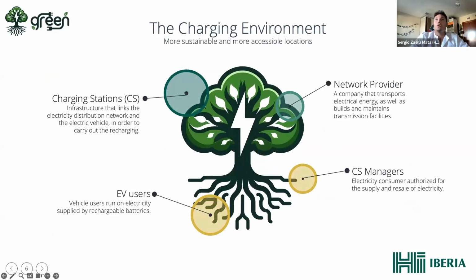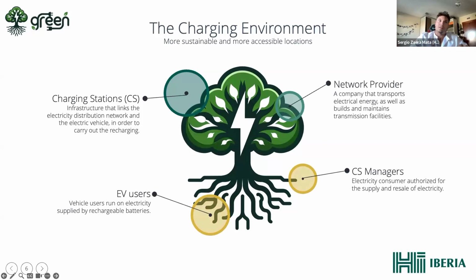Before continuing, I want to make a quick explanation of the charging environment, just to know the main concepts. First we have the network provider, that is the company that transports the electrical energy and builds and maintains the transmission facilities. Also we have the charging stations, that is the infrastructure that links the energy distribution with the charging of the electric vehicles.